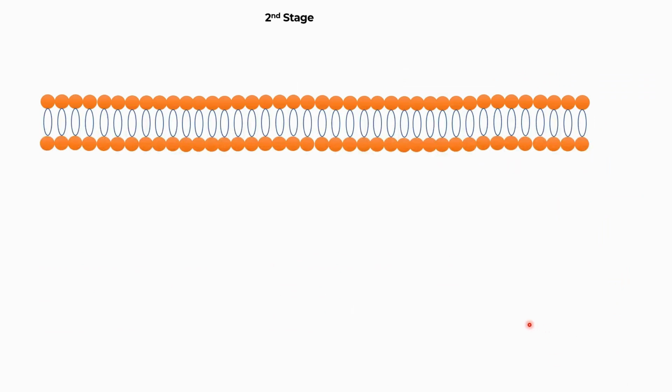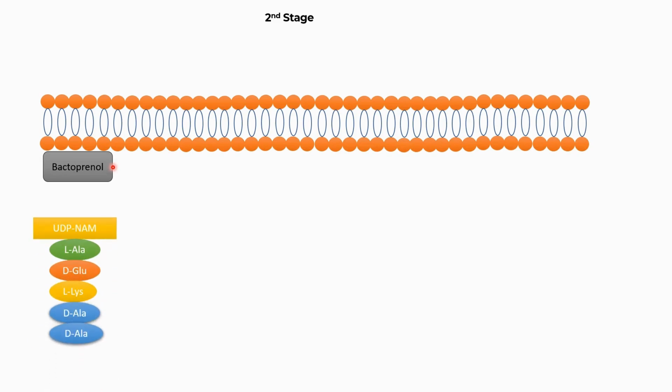In the second stage, also known as the membrane stage, bacterial cell wall synthesis involves a lipid carrier called bactoprenol located in the cell membrane. This carrier plays a crucial role in the formation of the bacterial cell wall.